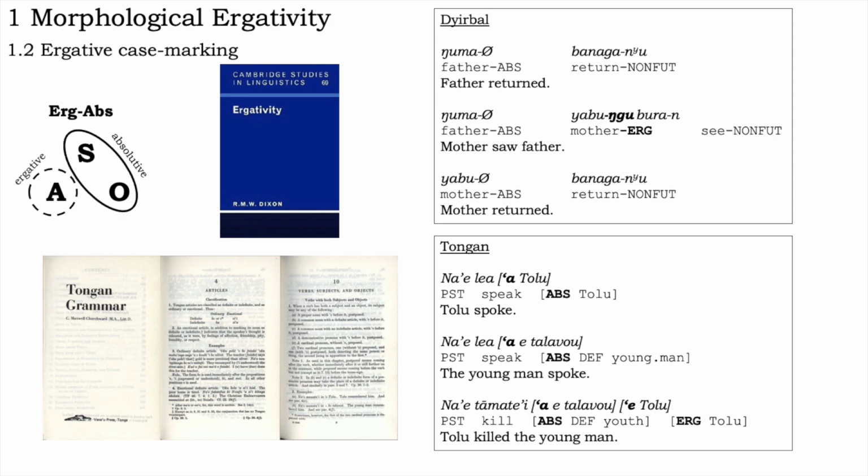Note that a Tongan sentence begins with the verb, here either intransitive lea, speak, or transitive tāmateʻi, kill, followed by the arguments of that verb, introduced using either e, the ergative marker, or a, the absolutive marker. And yes, it's a little confusing that the ergative marker and the definite article are the same, except that the ergative marker begins with a glottal stop.